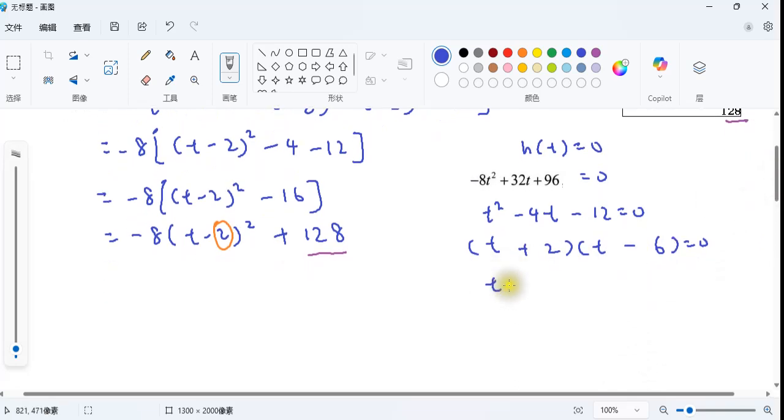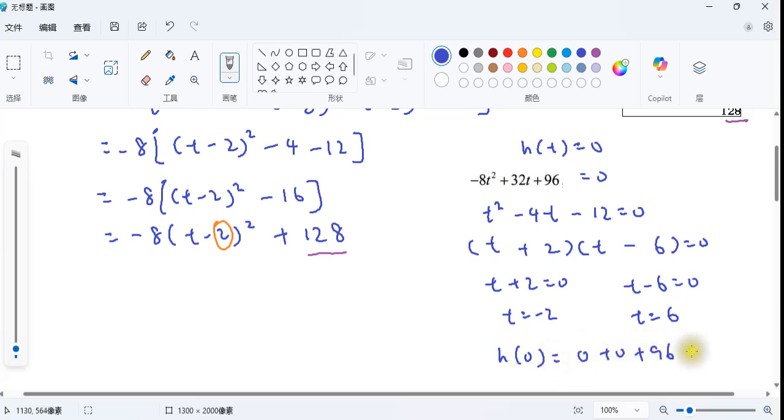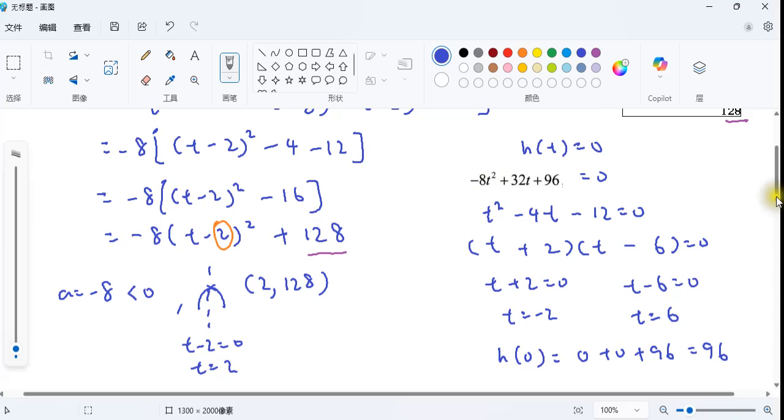So we have t plus 2 equal to 0, t equal to negative 2, t minus 6 equal to 0, t equal to 6. And we have h(0) will be 0 plus 0 plus 96, so it is 96. Okay, so a equal to negative 8, negative value, so the shape is like this, and the maximum point is (2, 128). Okay, the axis of symmetry is actually t minus 2 equal to 0, t equal to 2.